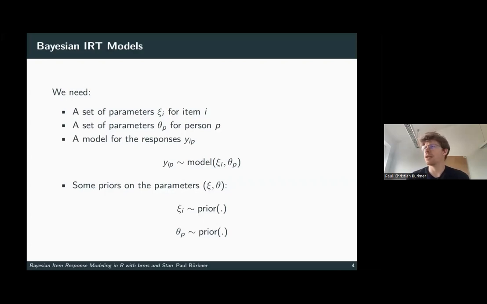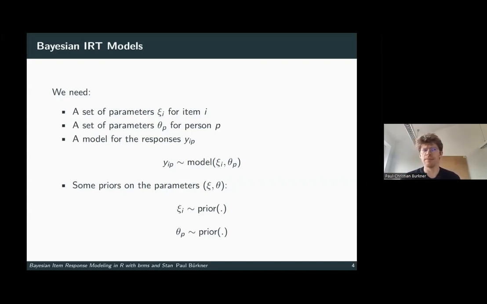What that means is that when we're doing Bayesian item response modeling as opposed to just item response modeling, it's modeling-wise having a bunch of priors, and then estimation-wise having different estimation techniques, usually not optimization, but something that can estimate distributions, most likely MCMC, as for example in brms and Stan.